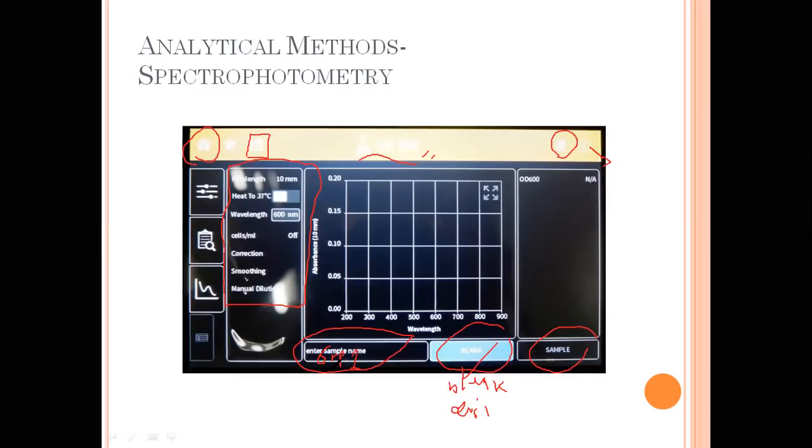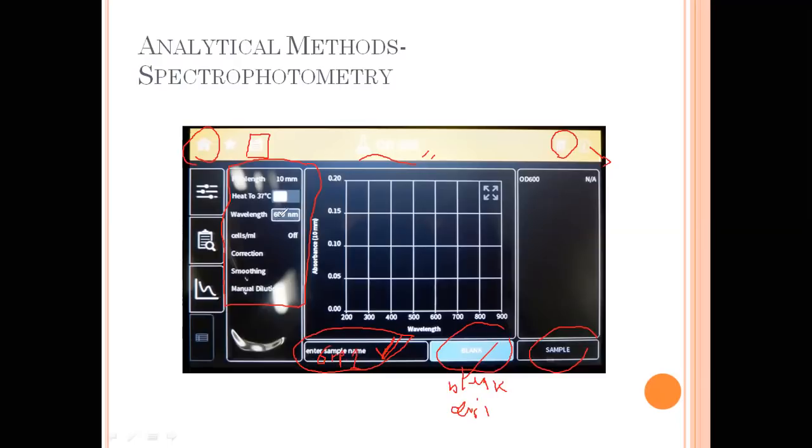So, pwedeng iyon yung gamitin mo as your label or as the ID. At iyon yung i-enter mo dito sa enter sample name na yan. Okay, so depende. But most of the time, group na lang yung pinapalagay ko. So, group 1 or 1, 2, 3, 4, 5.